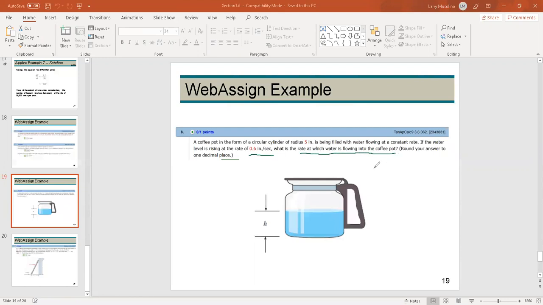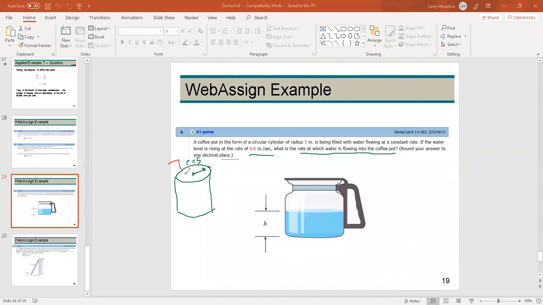All right, well, let me draw a little diagram here just to help us out. So they're telling us, imagine we can really just think of this coffee pot as a cylinder. So I'm going to try to draw a cylinder here. They're also telling us the radius is 5. The other thing I want to do in this problem is identify what quantities are changing with respect to time. And also we're filling this up with water.